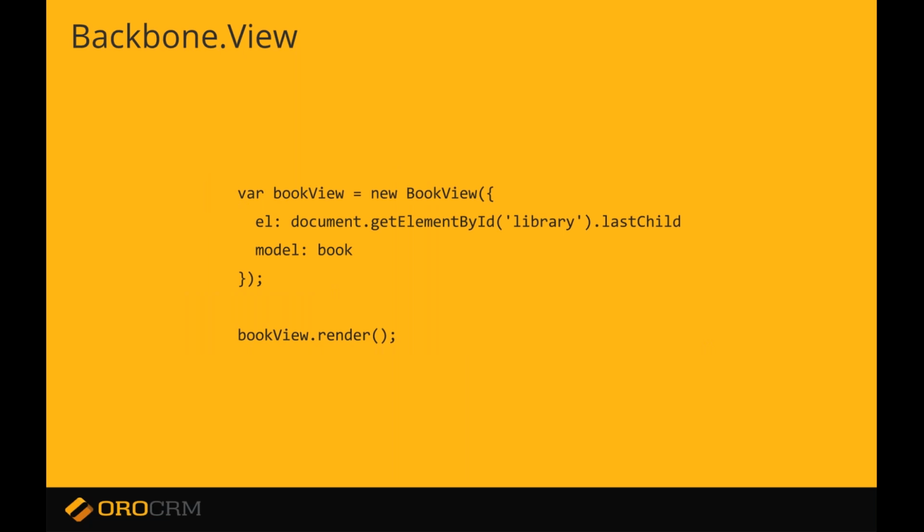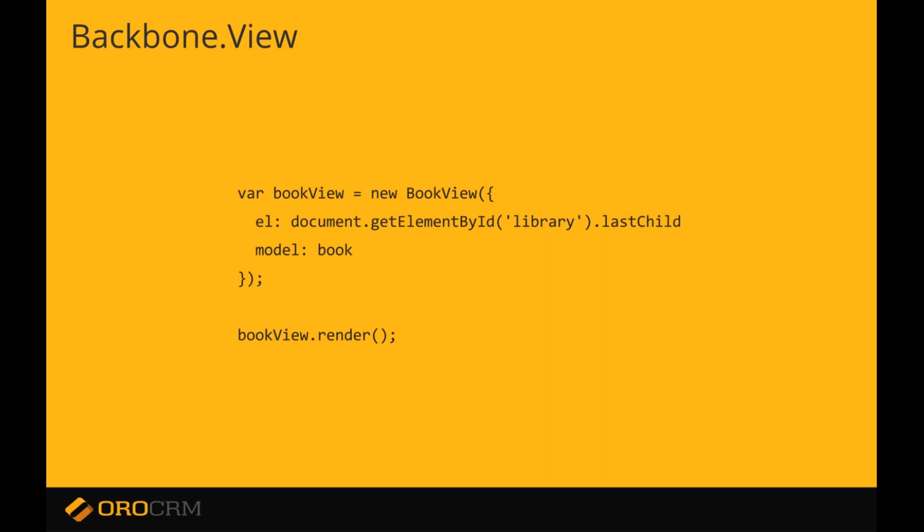The other way would be to define an element at once when we create a new instance. So we don't need to always define the tag name and attach manually. The other way would be to pass the element into the initialize method, and after that the view will be in the DOM already.